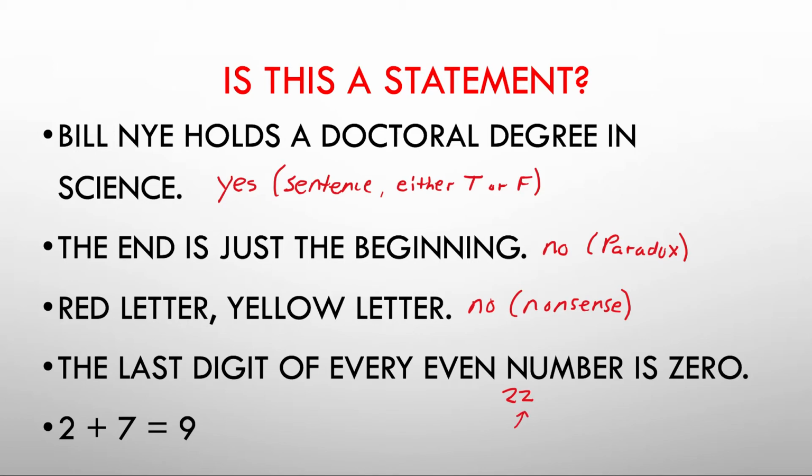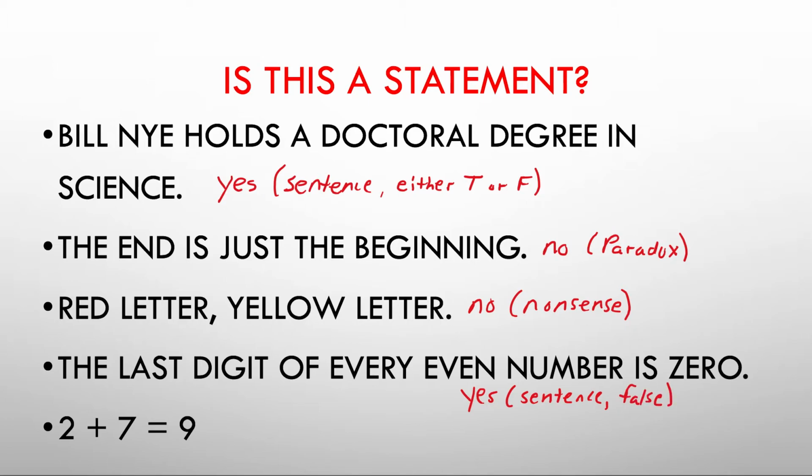So this is not true. But remember, a statement can be true or false. So I'm going to say yes on this one. This one is a statement. It's a statement because it's a sentence. That is false.